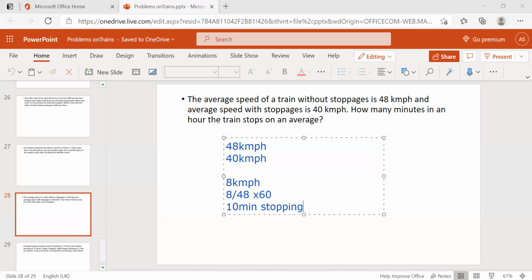So 8 by 48 will give exactly the time, but they're asking in minutes. 8 by 48 is 1 by 6 hours, and 1 by 6 into 60 minutes is 10 minutes. Every station it is stopping 10 minutes. Okay. Now the last question from this section.